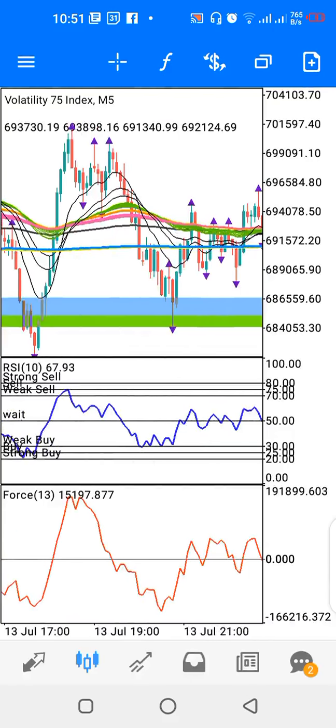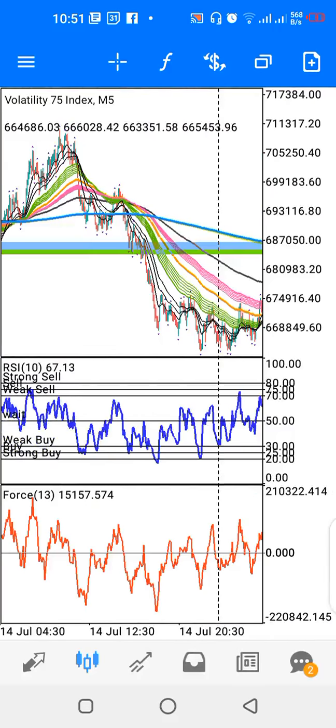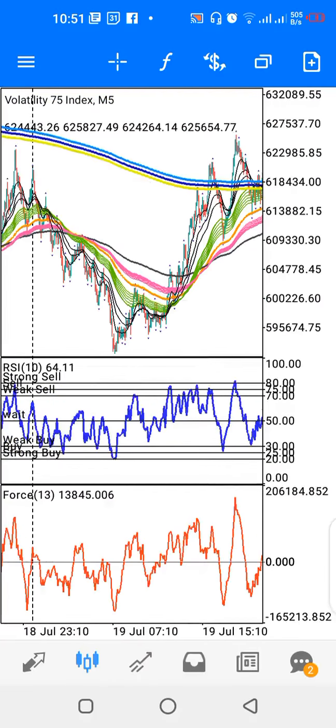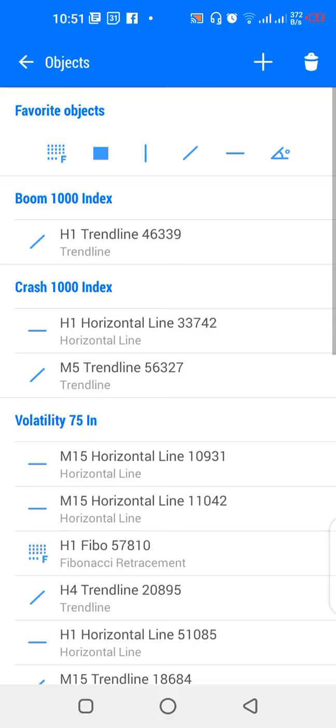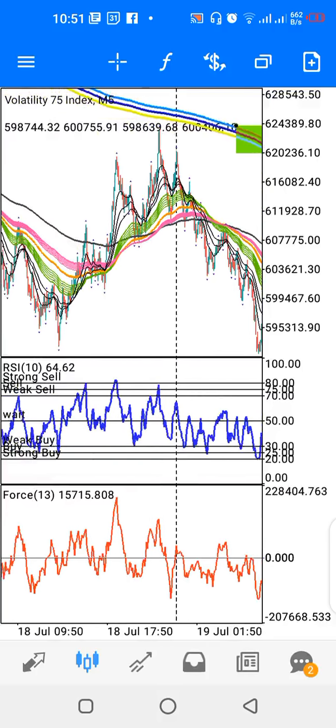These are the trend lines. Let me show you, yeah, this is the trend line. When other lines cross above this line, you have bullish trend development. When other lines cross below, you have bearish trend development.